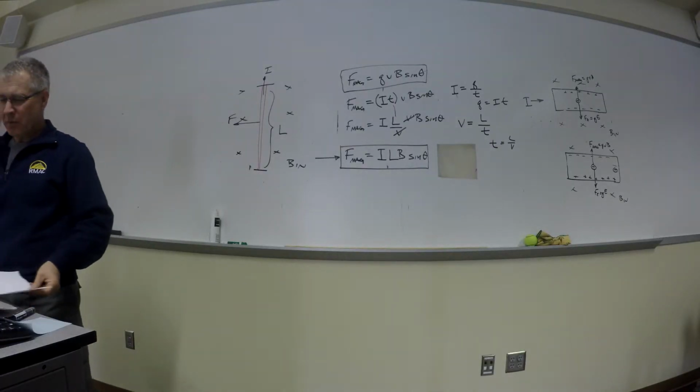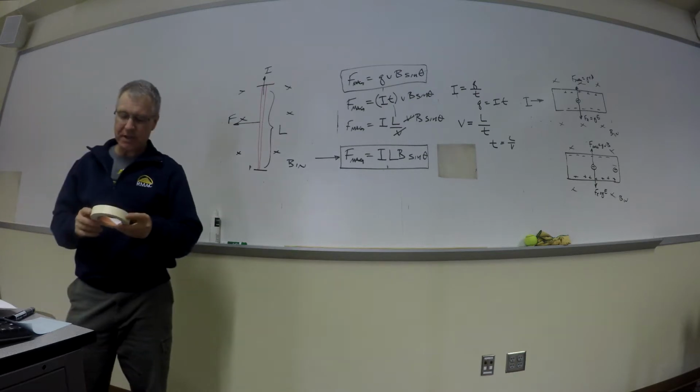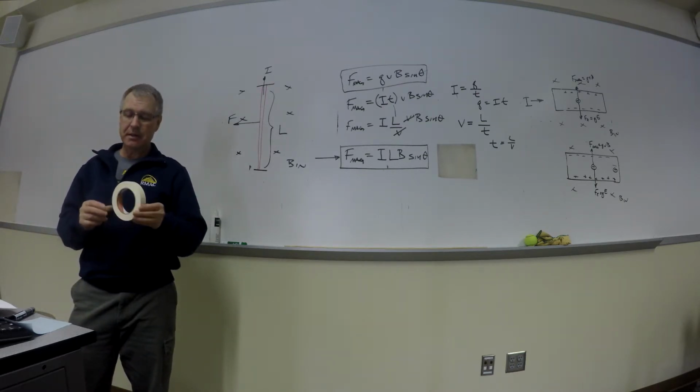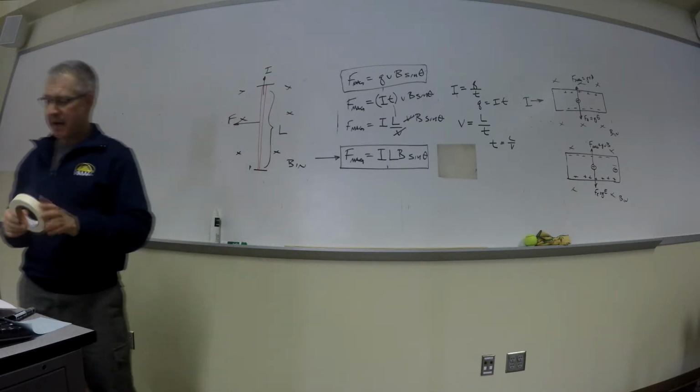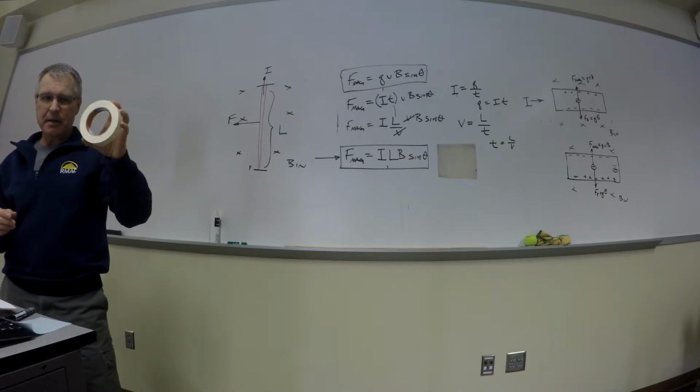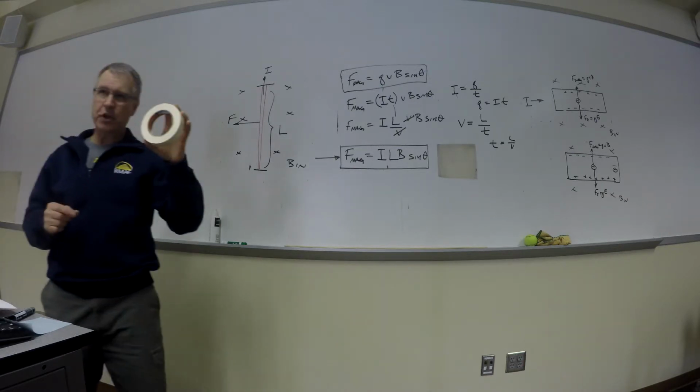Let's see, one more of these kinds of things, and this is just going to get us the first start. We'll have to add some more things to go beyond this. But let's say I've got a loop like this that's conducting, so I can send a current through there.